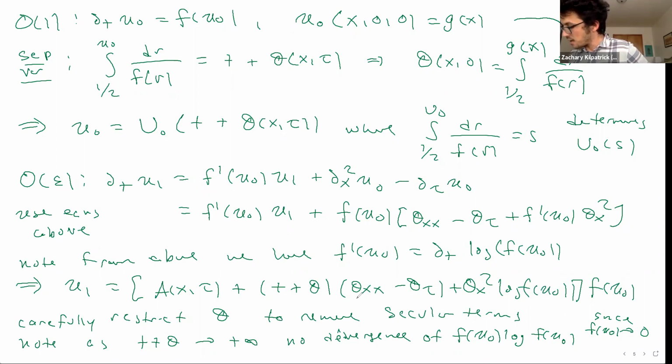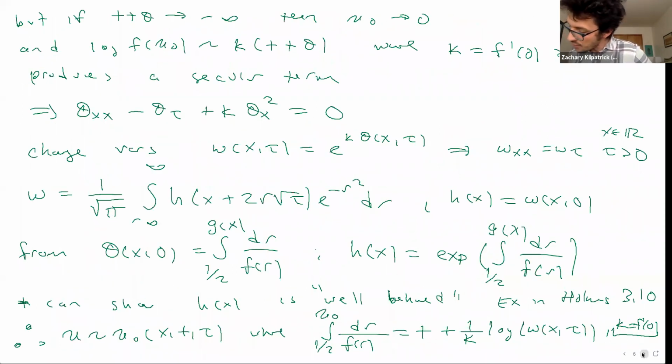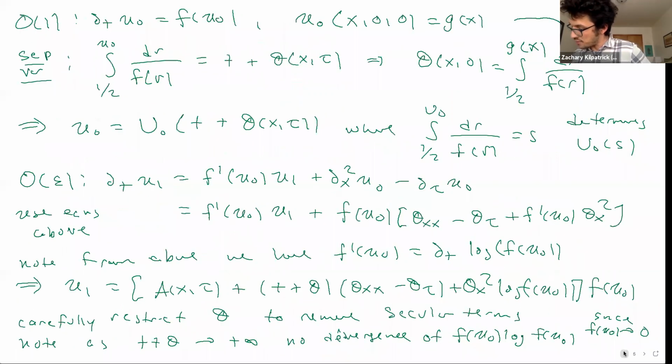Once we introduce that, we find that we have this secular term elimination equation, and this PDE can be solved to give you this expression W that's going to account for the slow timescale modulation of this traveling wave.